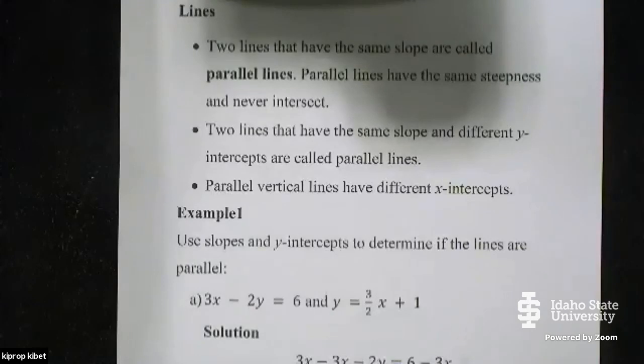So example number 1, use slopes and y-intercepts to determine if the lines are parallel. 3x minus 2y equals 6, and y equals 3 over 2 x plus 1.